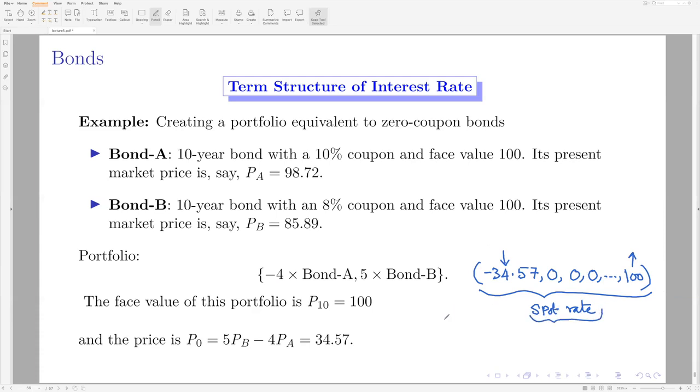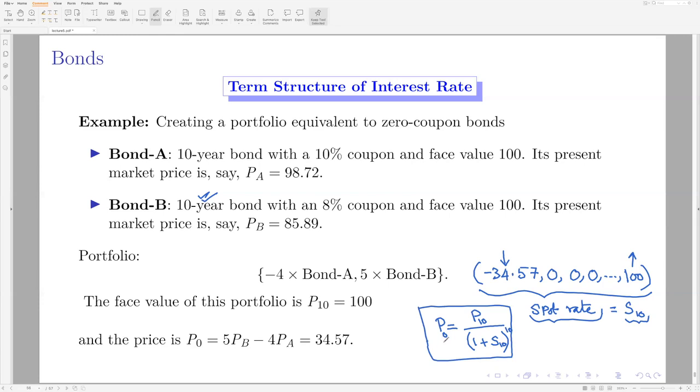How is the spot rate given? Remember, the price of the bond is equal to the face value divided by the discount factor. What is the discount factor here? Say the spot rate is S10, because it's a 10-year bond, right? So the spot rate is called S10. This is a notation. Therefore, it is 1 plus S10, that is per annum, to the power of 10.